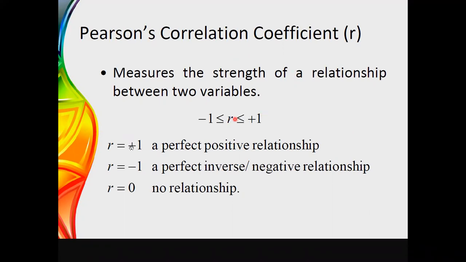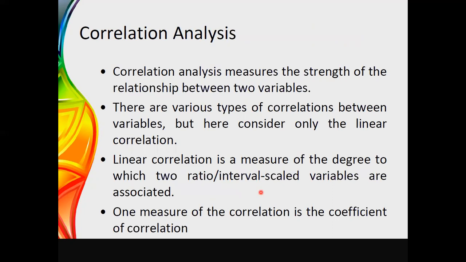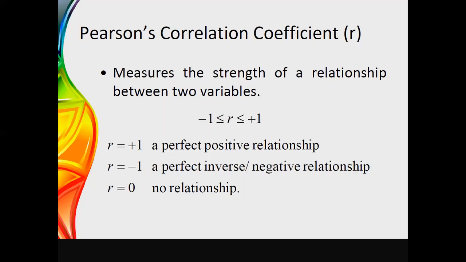Therefore, if it is +1, there is a perfect positive relationship. If it is -1, we can say there is a perfect negative relationship, or perfect inverse relationship. And if R is equal to 0, we can say that there is no relationship among the variables. It is better to keep this in mind when identifying the relationship.